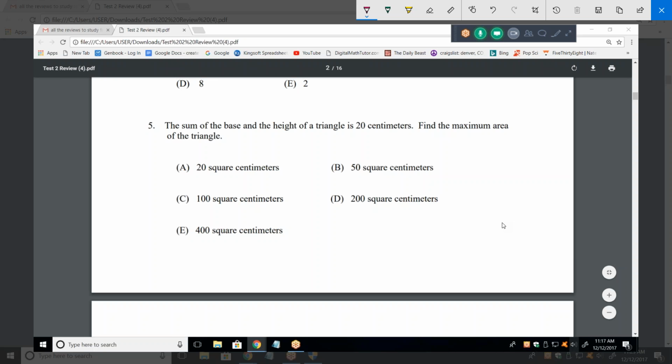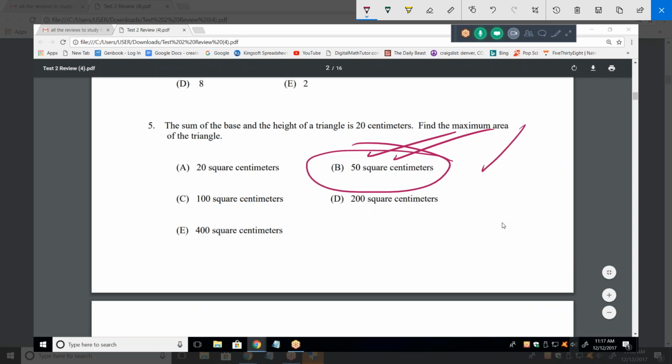And the most general idea you could have would be a height of 10 and a base of 10, which would give you an area of that. And there's nothing really close to that. So I'm going with that instantly. Even if I was taking this test, I might not go through all the math to figure it out. Even though I got an answer that's not really what I expected, there's nothing even close to it.